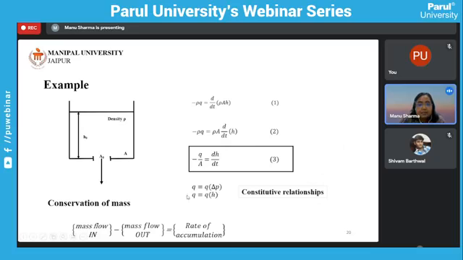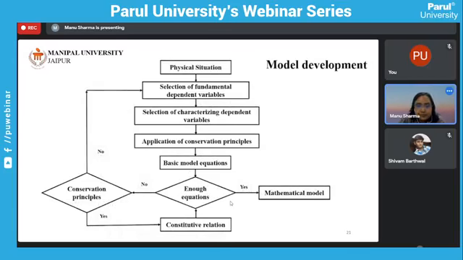We can represent this relation in terms of a simple algebraic equation, and that additional equation, which is required to make the degrees of freedom equal to 0, is known as a constitutive relation. So the differential equation plus a constitutive relation completes our mathematical model. This is how the mathematical model is developed.